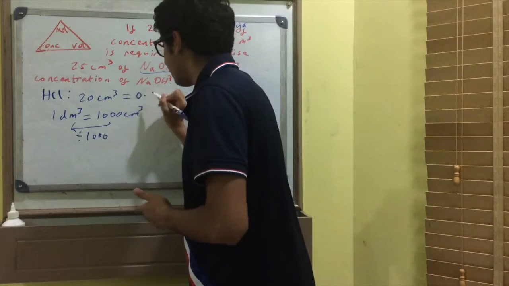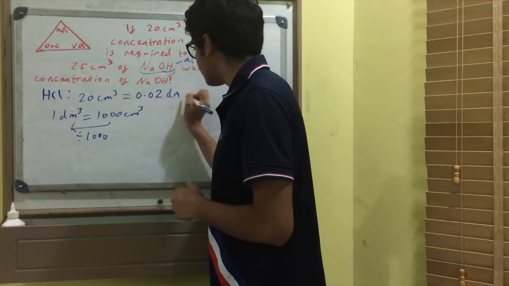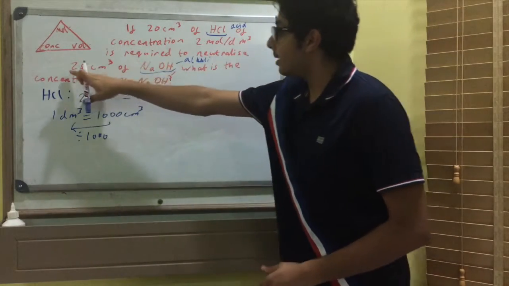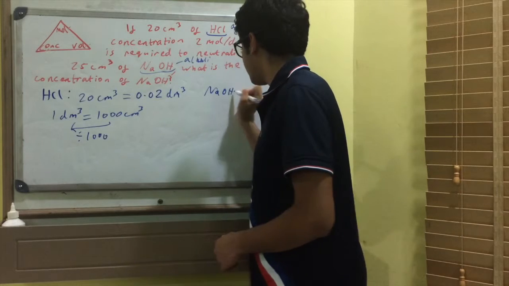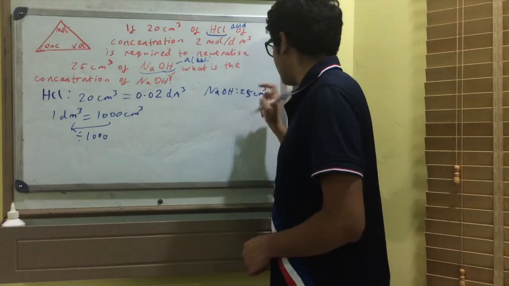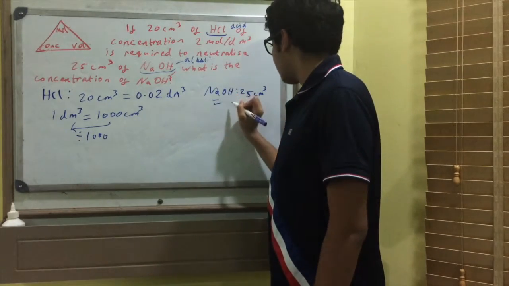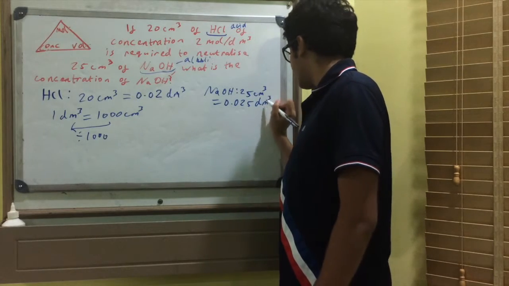And that will give you 0.02 decimeters cubed. Now you convert the volume of sodium hydroxide. So 25 centimeters cubed is what in decimeters cubed? Divided by 1,000, you're going to get 0.025 decimeters cubed.